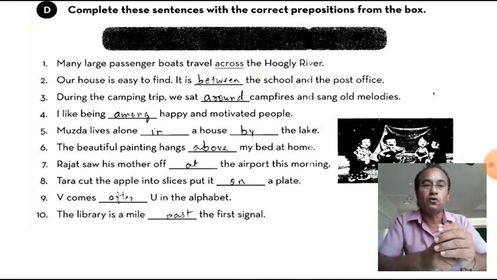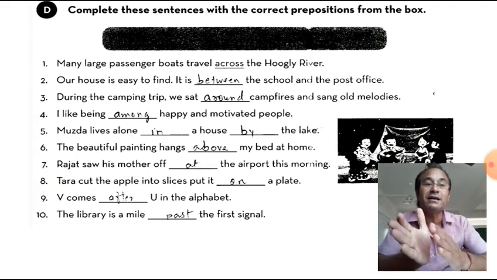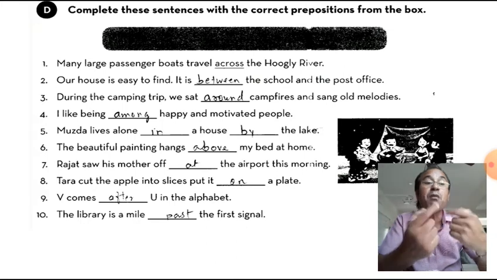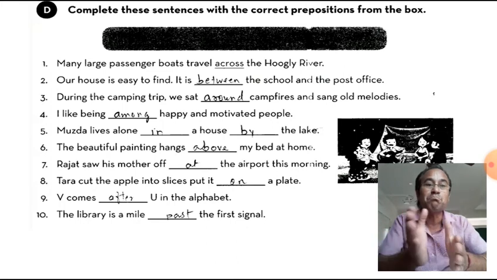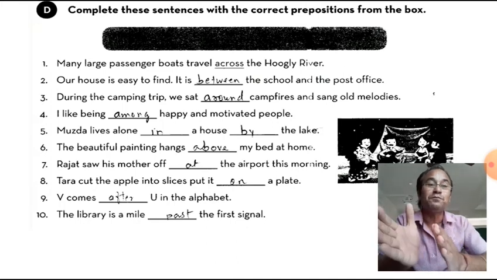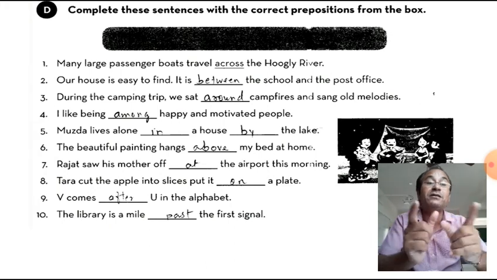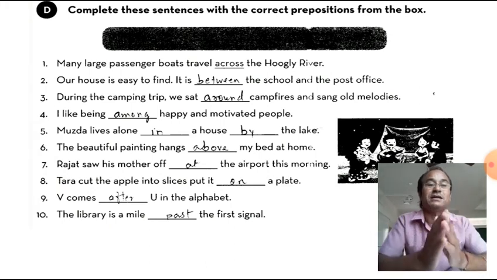Muzda lives alone in a house by the lake. Here by the lake does not mean the action is done by someone, but it shows place. By can show time, but here by the lake, beside the lake, it shows place.